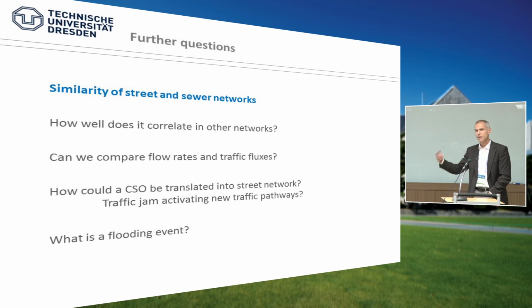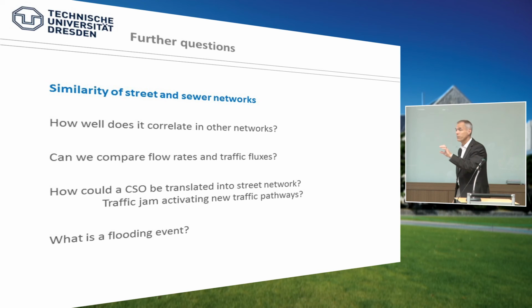Is a traffic jam kind of an overload of a single pipe causing somehow diversions, causing exits to other parts of the network?